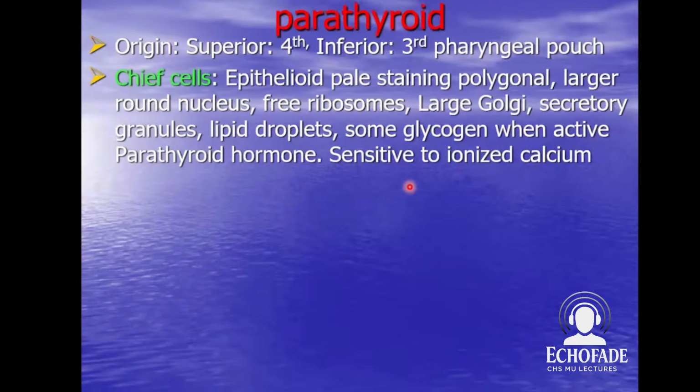We have free ribosomes, large Golgi apparatus, secretory granules, some lipid droplets, and some glycogen. That is when it is active, when it's producing the hormone, parathyroid hormone.